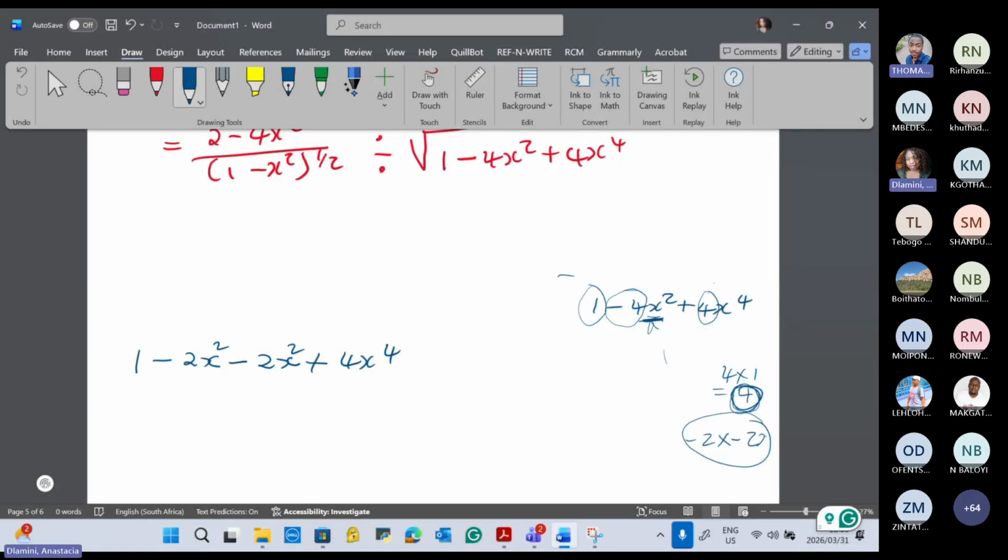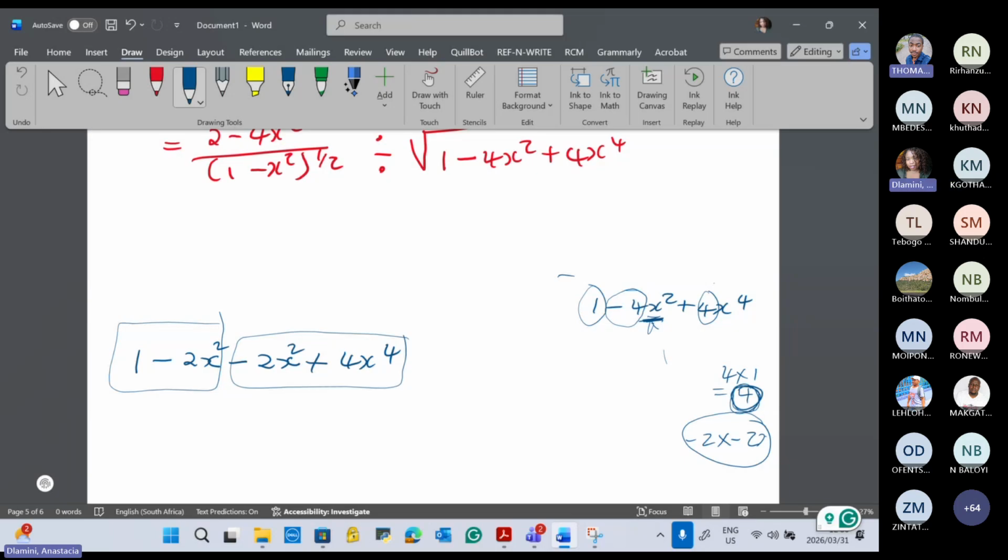Now we factor out. Remember grade 9, factorizing by grouping. You group the first terms and you group the second terms. Now, when you factorize the first group, whatever is inside the bracket should also be in the second group.